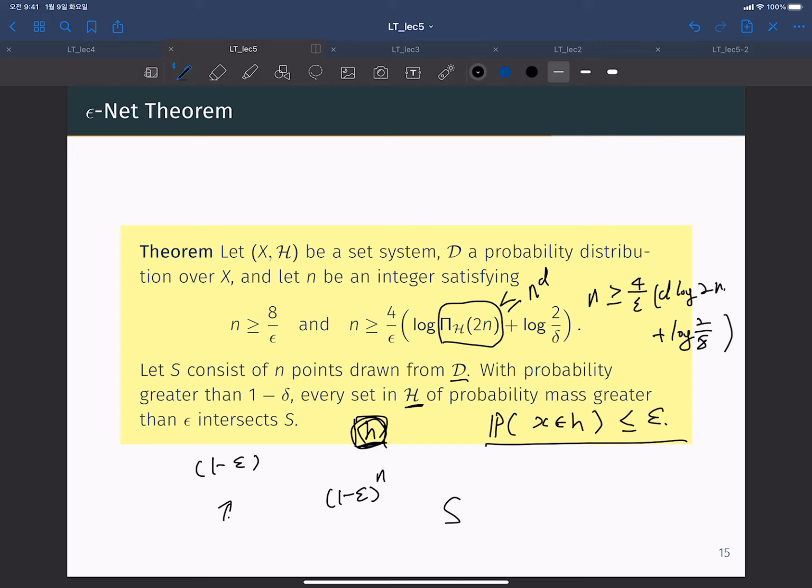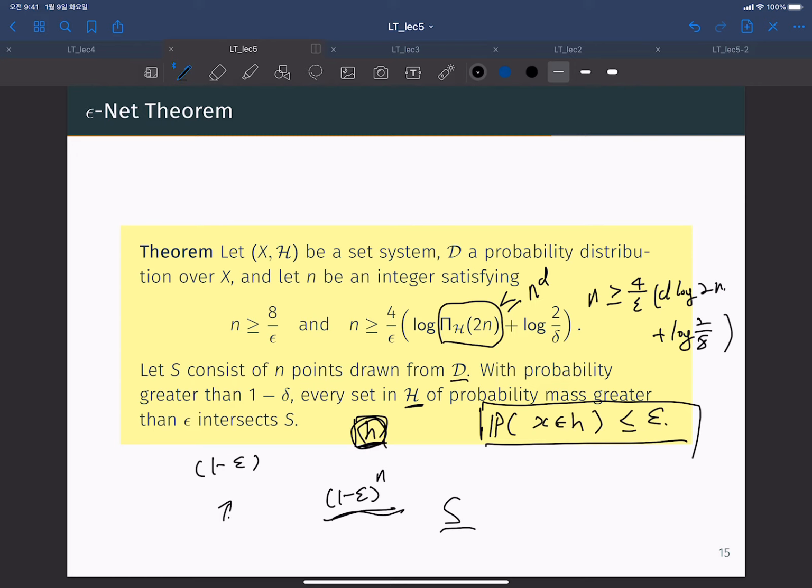So again, for any given hypothesis H having this probability, with probability at most 1 minus epsilon to the power n, all elements in the randomly generated set S do not belong to the hypothesis H. Now we have to find the cardinality of hypothesis H, but the problem here is we are considering an infinite hypothesis class.